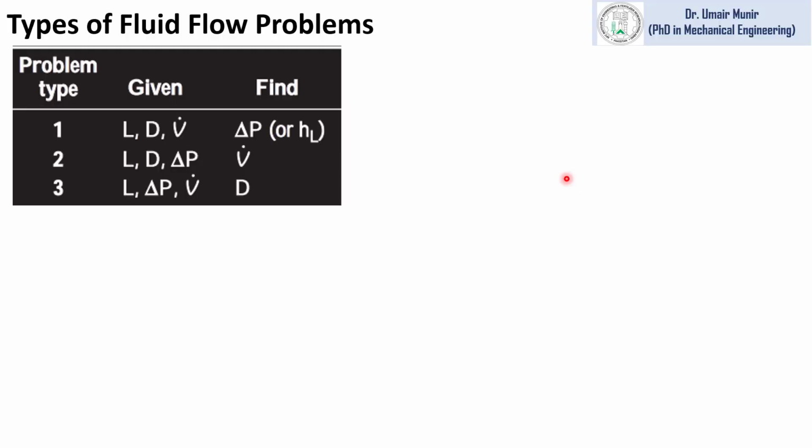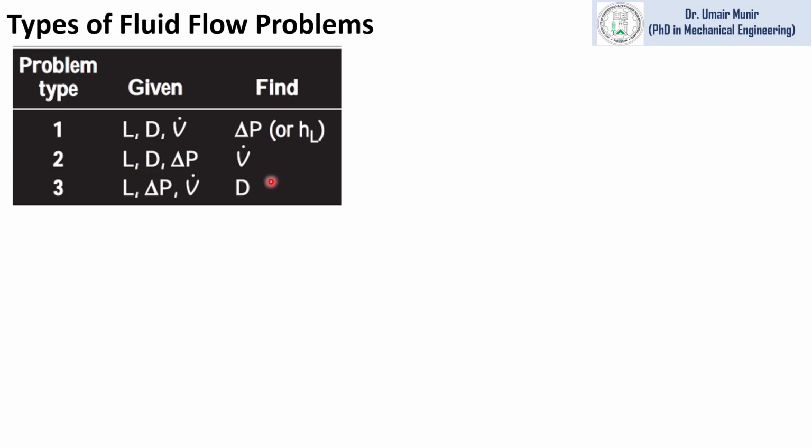There are three types of fluid flow problems that are encountered in real life. In the first type of problem, we need to find the pressure drop or head loss, and the length, diameter and volume flow rate of the pipe are given. In the second type, we need to find the volume flow rate when pressure drop, length and diameter of pipe are known.